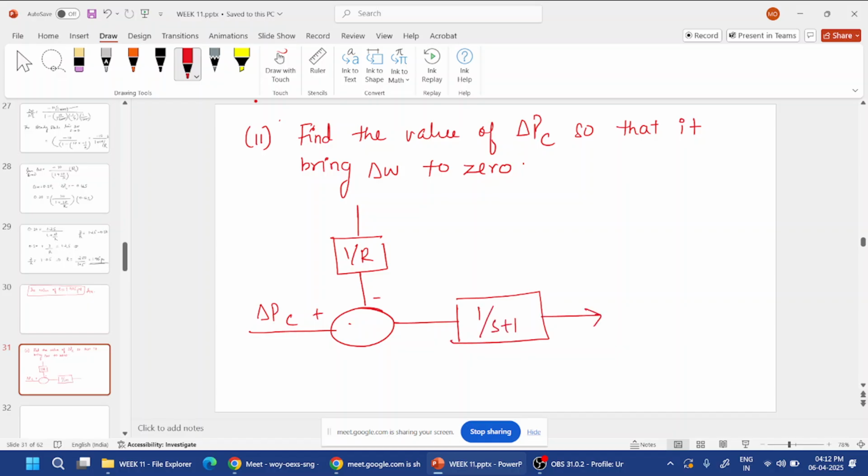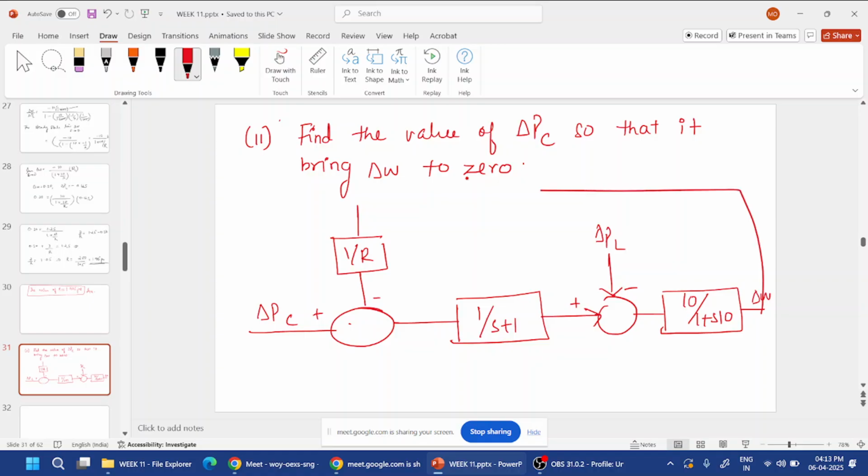So using signal flow graph or block reduction technique, it's very easy. Del PL, and del W goes outside like this.